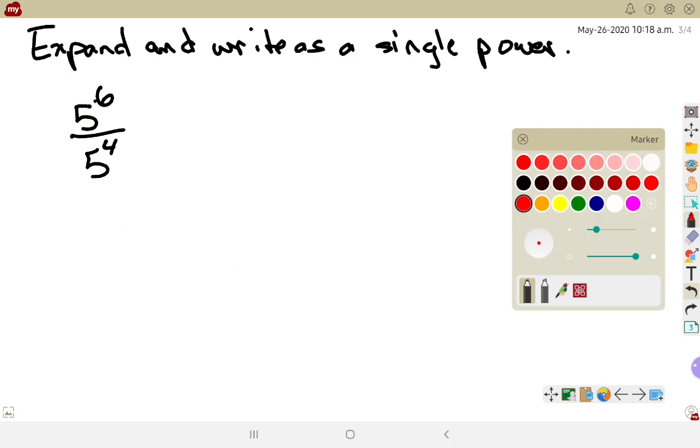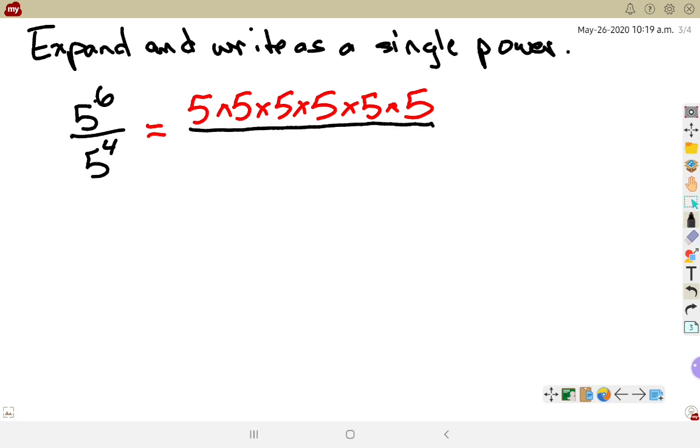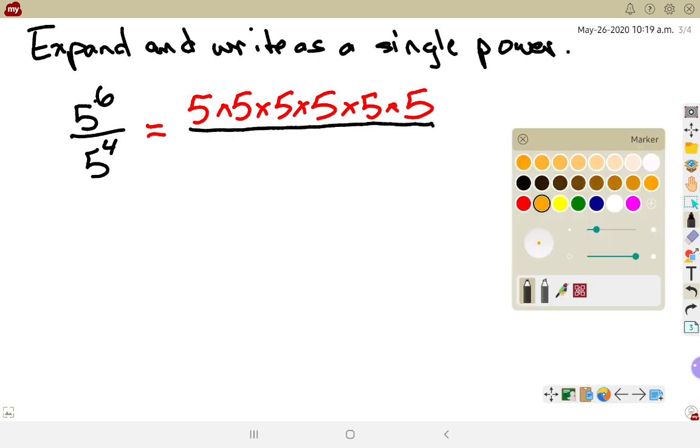So this one, I'm going to expand and again write as a single power. So let's look at the numerator of this division. This one, 5 exponent 6, that would be like 5 times 5 times 5 times 5 times 5 times 5. Then I still have that line in my fraction to keep my numerator and denominator separate.